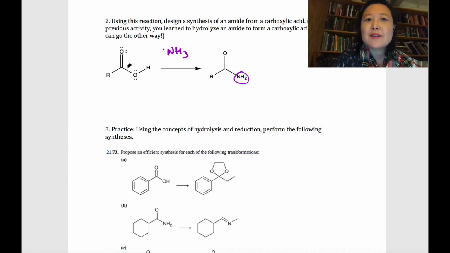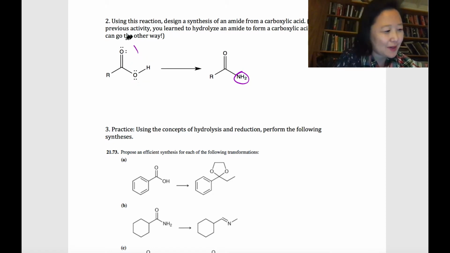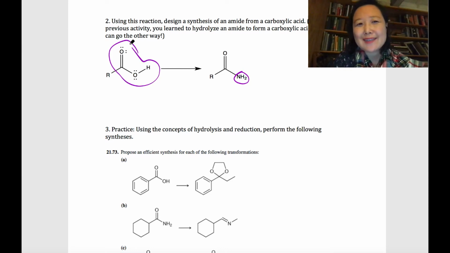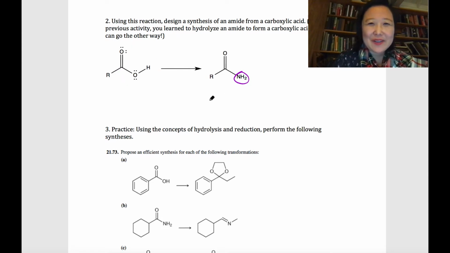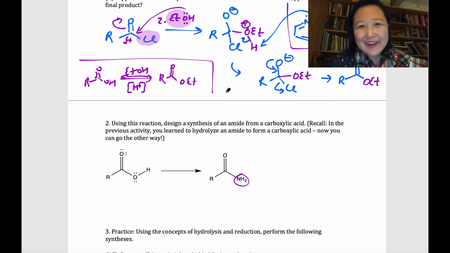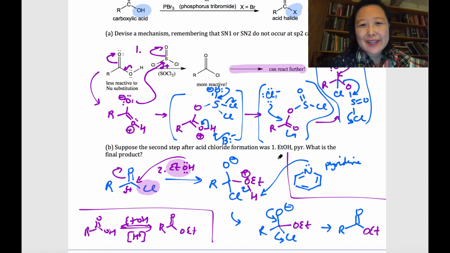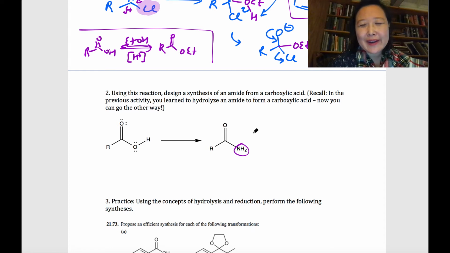So we've got to use the concept that we just learned and make this into something more reactive, and then you can toss anything at it. Well, not anything, but you know what I mean. Go ahead and try to figure out how to use what we just learned to go from here to here.